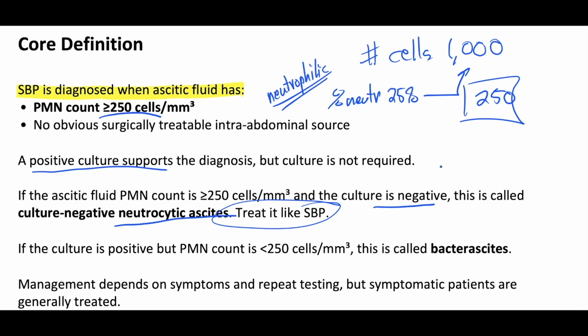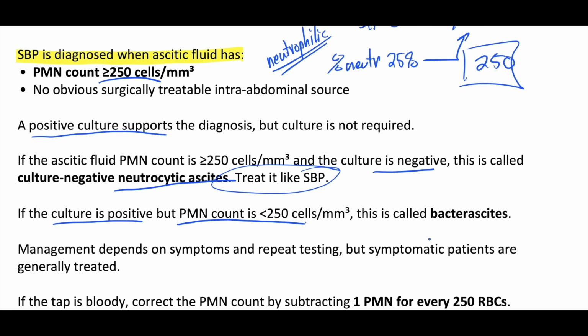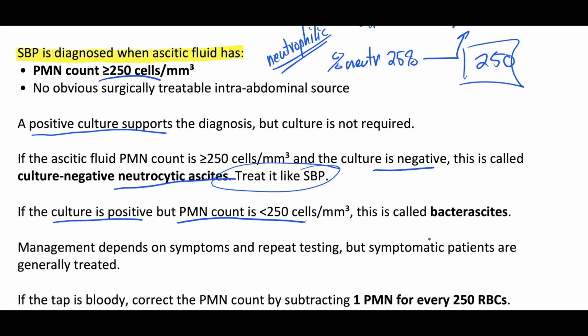Where it sometimes gets a little more tricky is you get that cell count back and it's less than 250 cells, and you're like, oh, not SBP. And then a day and a half later, the culture pops positive. This is called bacterascites, aka you have bacteria in your ascites. The management of this can be a little more gray. It depends on symptoms, depends on repeat testing, because some patients will just clear this on their own.